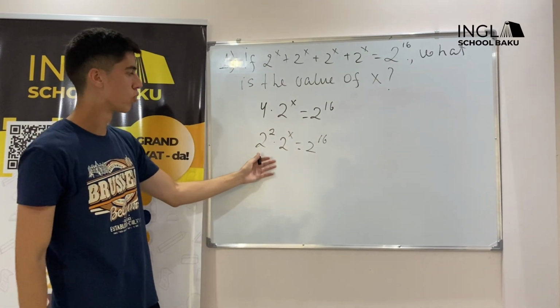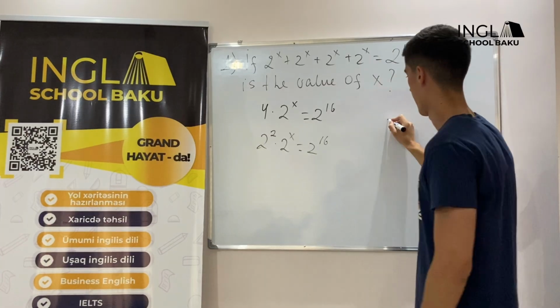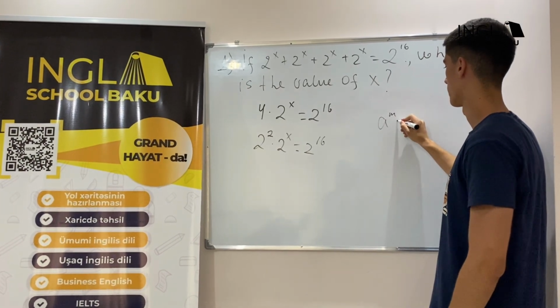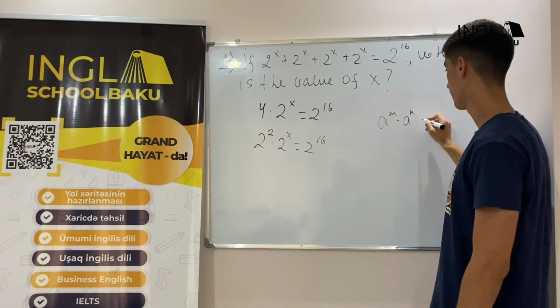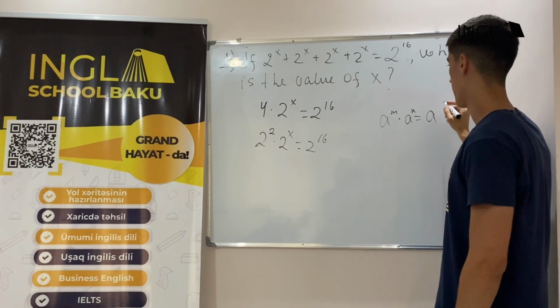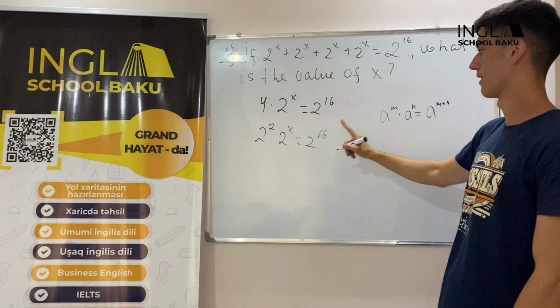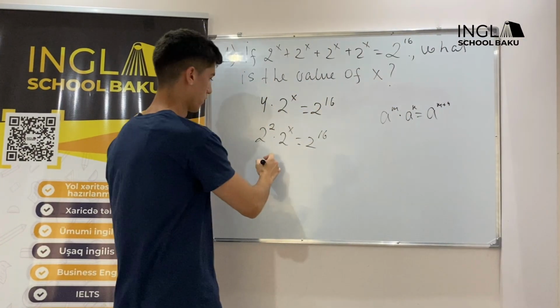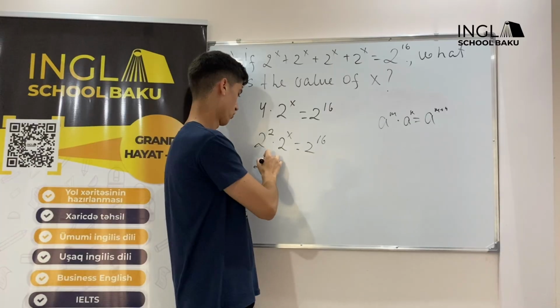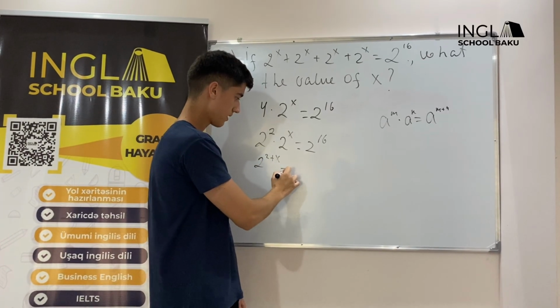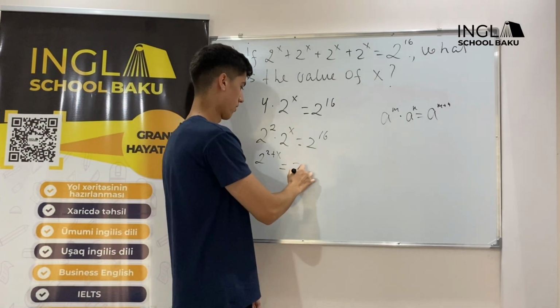And we know the rule that a in power m multiplied by a in power n equals a in power m plus n. We'll use this rule in here and we write 2 in power 2 plus x equals 2 in power 16.